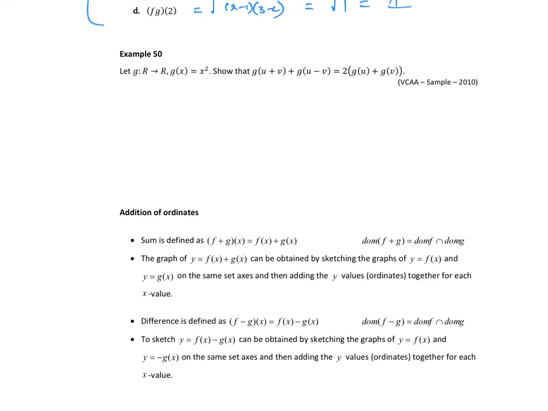So g of x is equal to x squared, so g of u plus v is equal to u plus v squared, which is equal to u squared plus 2uv plus v squared. G of u minus v equals u minus v squared, which is u squared minus 2uv plus v squared. What happens if we add them?